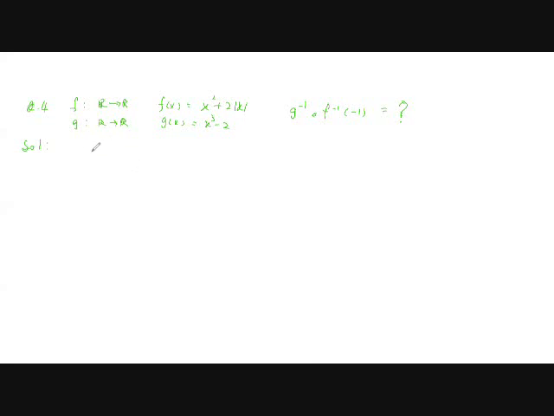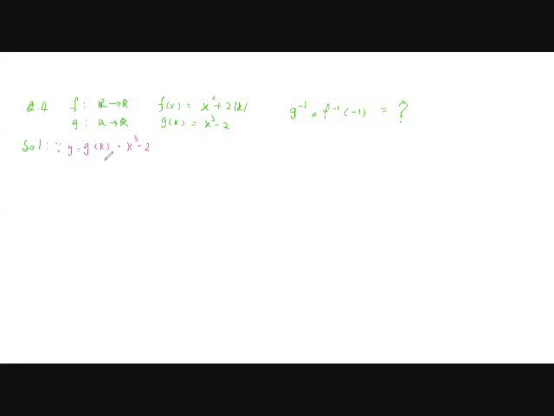Then g of x, because we know this one: g of x equal to x cubed minus 2. Then you just swap. Say g of x is like a y.